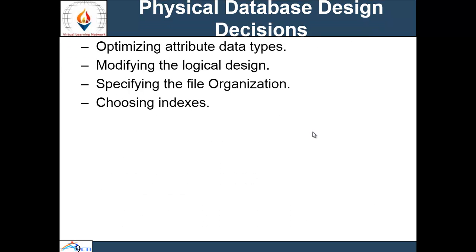For such data, some of the physical database design decisions to be taken are optimizing the distributed data types, modifying the logical designs, choosing the indexes, and specifying the file organizations.